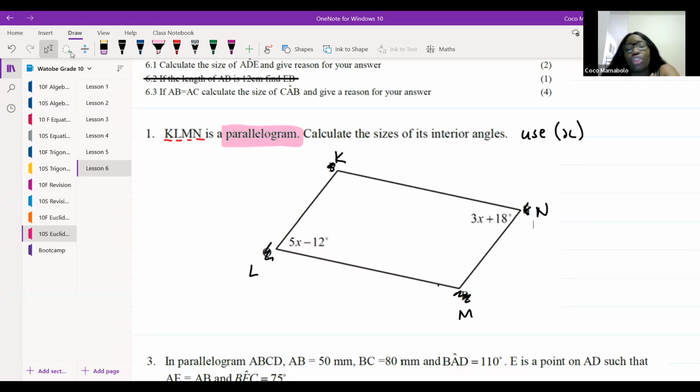Make sure that you're not just solving for X. Tandukolo's getting the idea, but has only gone halfway because the question says, calculate the sizes of its interior angles. It didn't say which ones, it just said interior angles. So we now have to look for all of them.